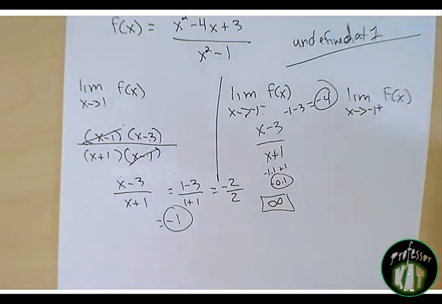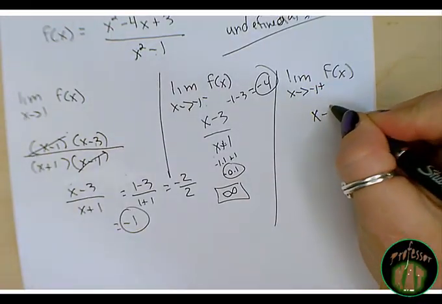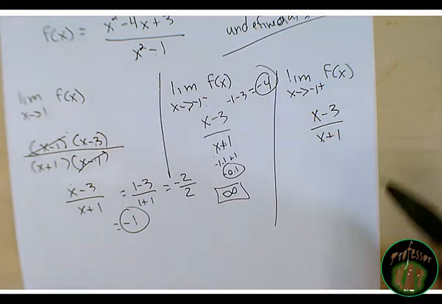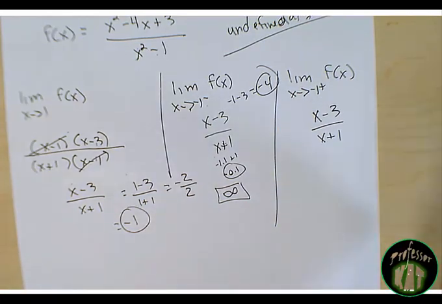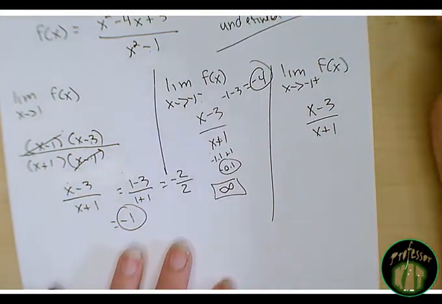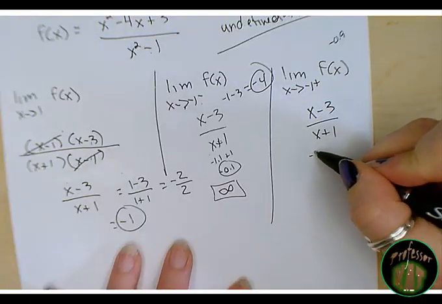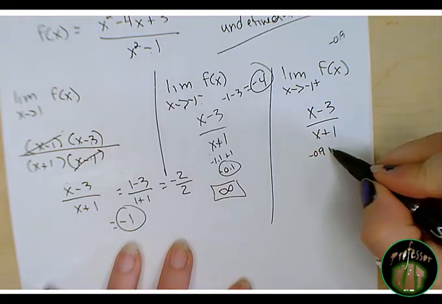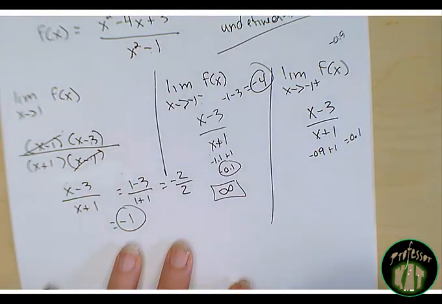For the third one, very similar. Again, we're using the same function, x minus 3 over x plus 1. This time we are plugging in negative 1 from the right-hand side, so we want to think of something like negative 0.9. If we put negative 0.9 plus 1 in our denominator, we are left with a positive 0.1.